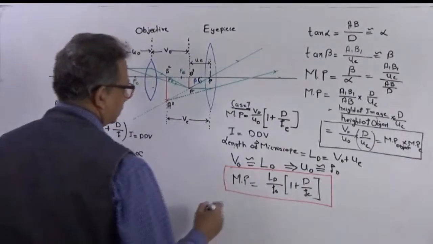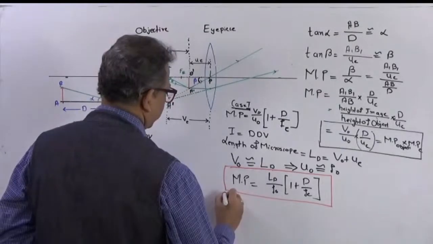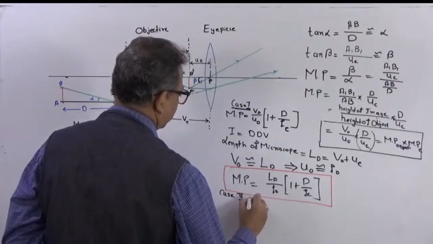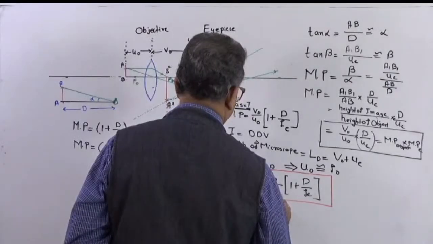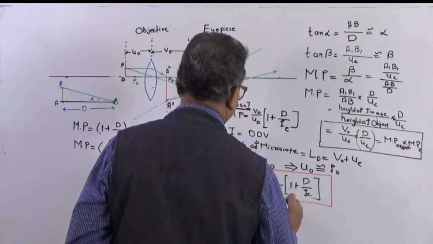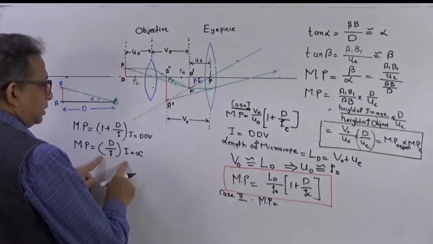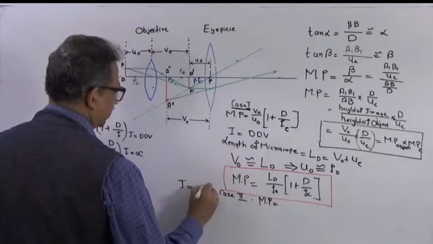Now, when we look at case 2, what do we have? The magnifying power, when the image is at infinity. What is case 2? When the image is at infinity, we have case 2.